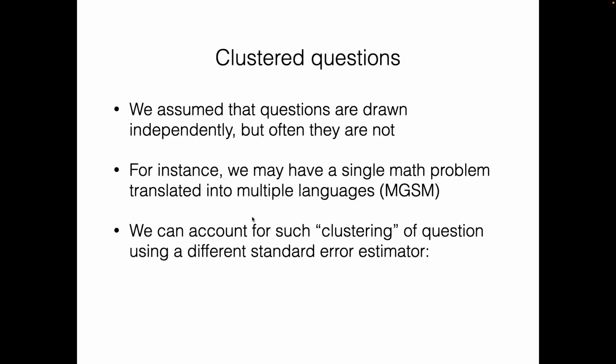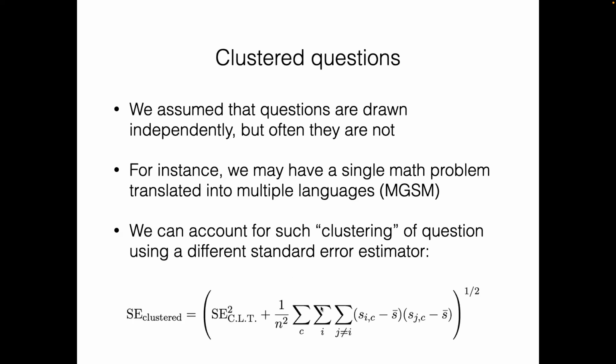Okay, so there are other ways of making these standard error estimators that account for things like the clustering. This is discussed more in the paper I mentioned, but I'll just put the formula up here to show you that you could switch out the standard error estimate.